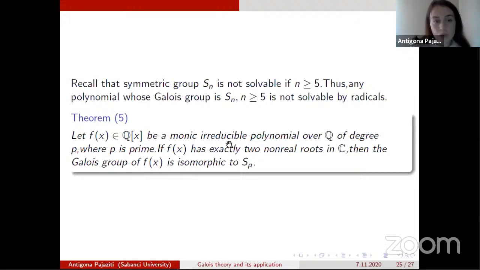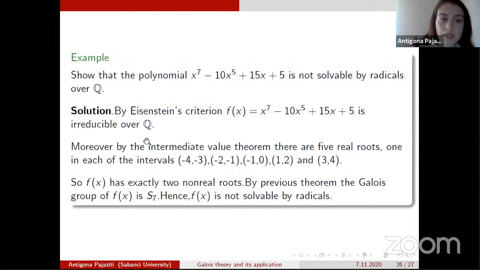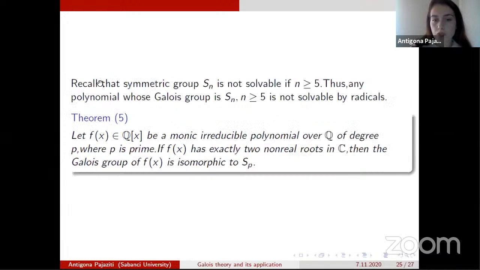To see how we use this theorem, I gave an example here, which says: show that the polynomial x^7 - 10x^5 + 15x + 5 is not solvable by radicals over the field of rational numbers. So first of all, to use this theorem, we need to show that f of x is a monic and irreducible polynomial over the rational numbers.